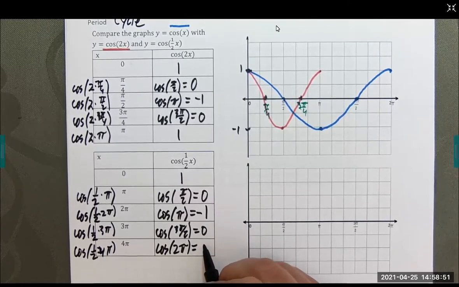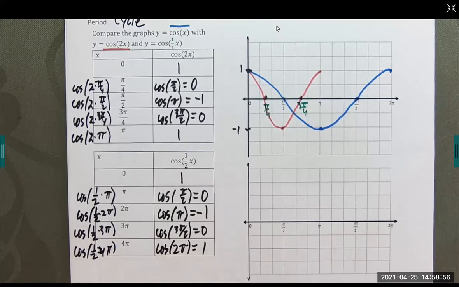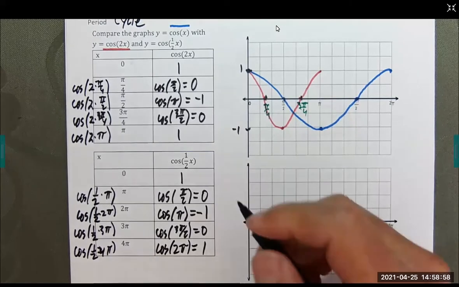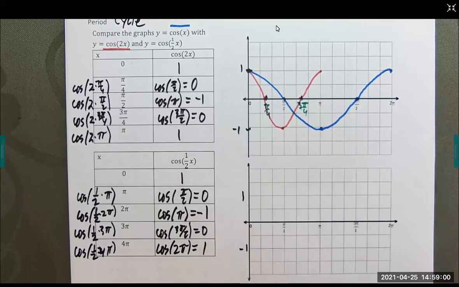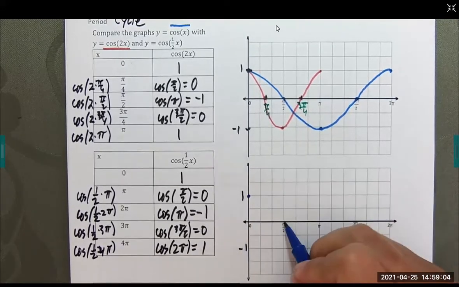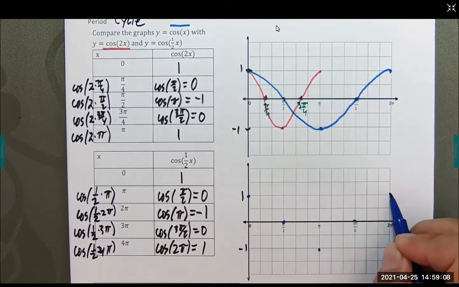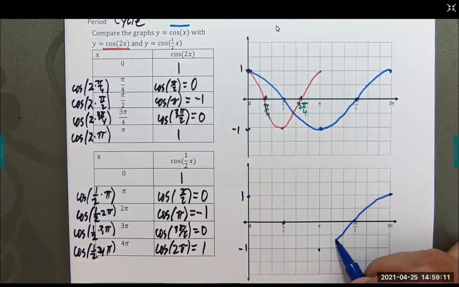In fact, this graph is only going to end up getting us half the way there. So let me throw down regular cosine again. Here, here, here, here, and here. So regular cosine looks like this.